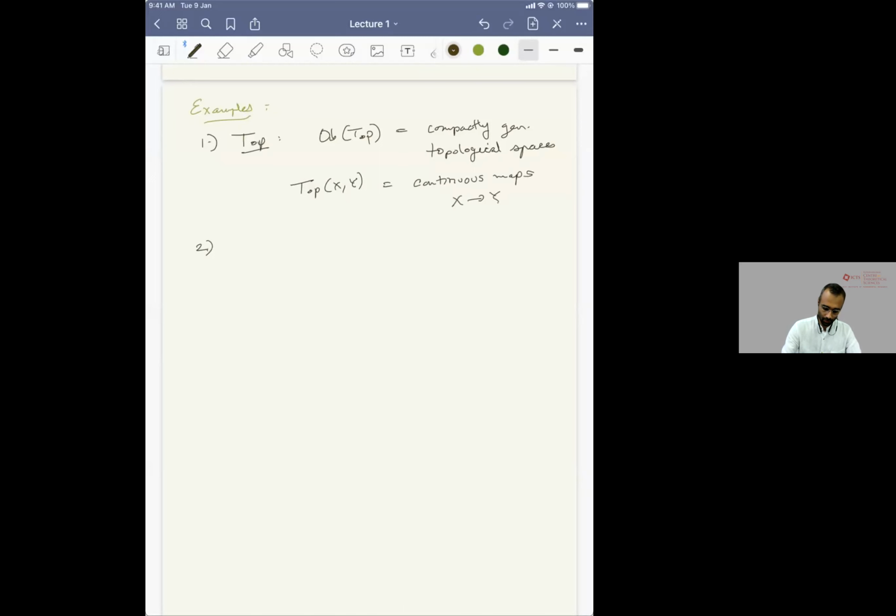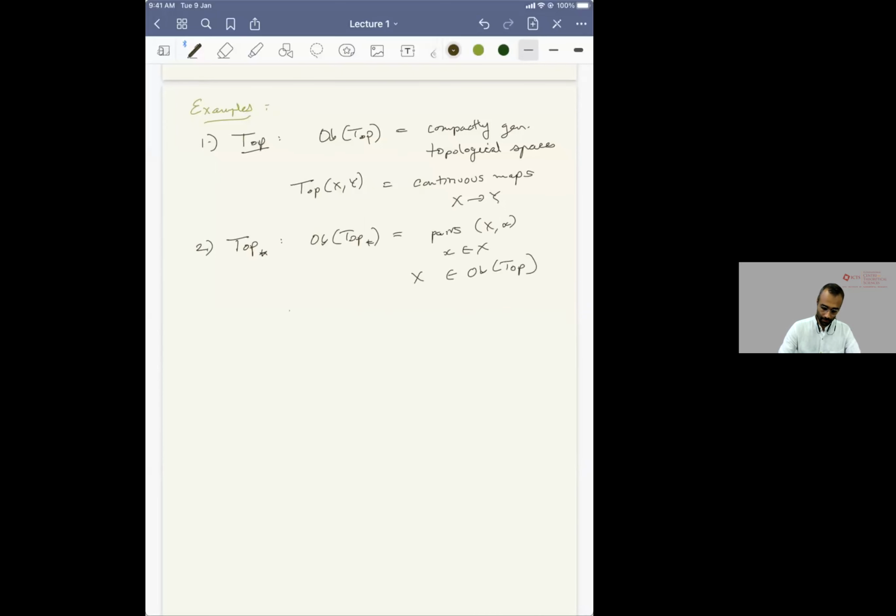Another variant of this, which will be important, so I'll just introduce the notation, will be Top star, which is pointed topological spaces. Objects of Top star are pairs (X, x) with x a point in X and X a topological space.